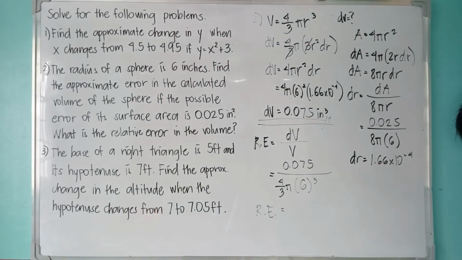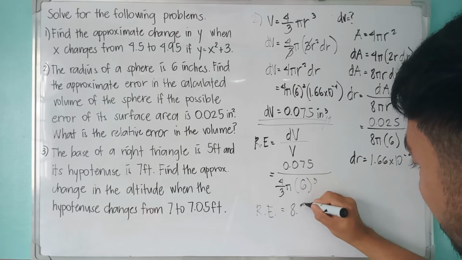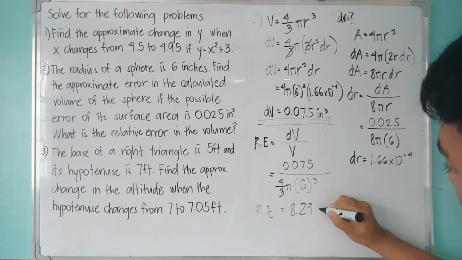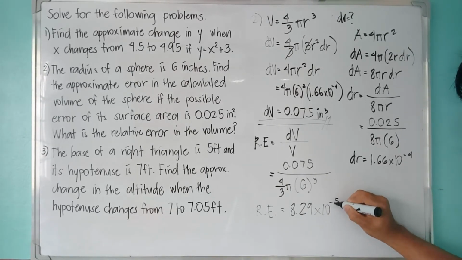So si relative error natin equal siya ngayon sa, calculator ko na lang ulit, guys. So 0.075 divided by 4/3 pi times 6 cubed. The answer is 8. Since mahaba, round ko siya sa 2 decimal places, 8.29 times 10 raised to negative 5.